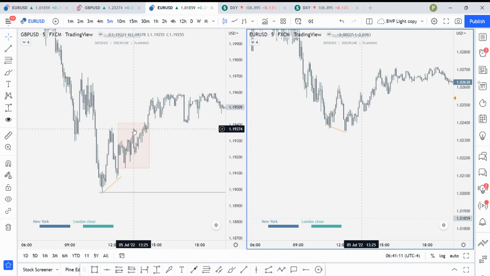Now let me briefly explain time and price theory. What time and price theory simply means is that time comes before price.